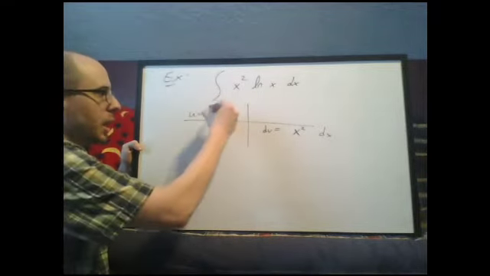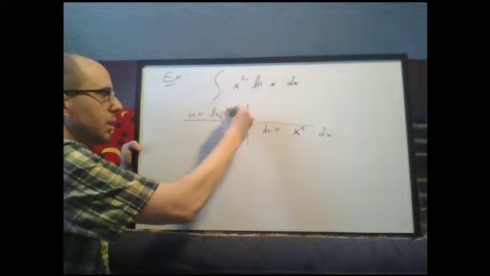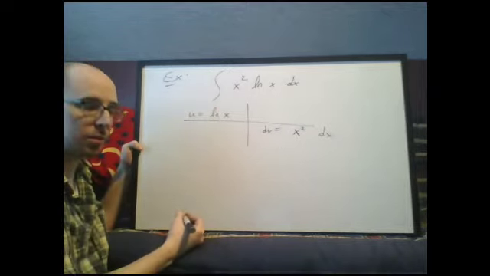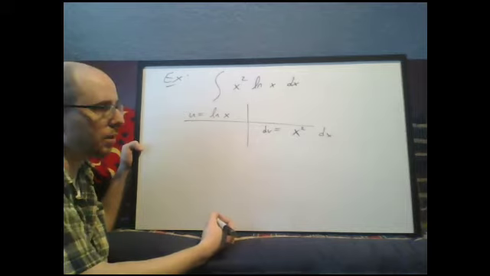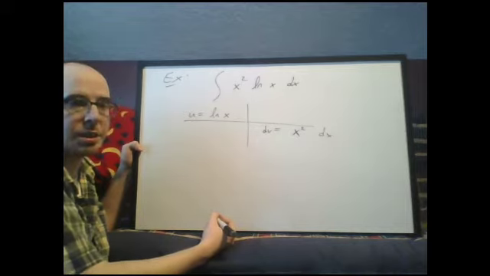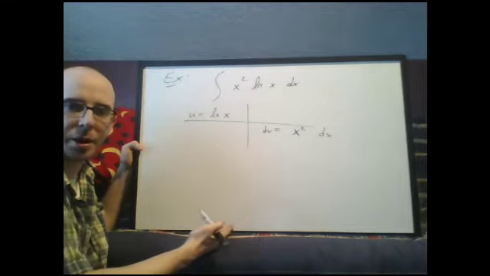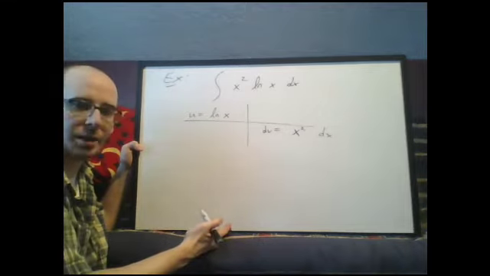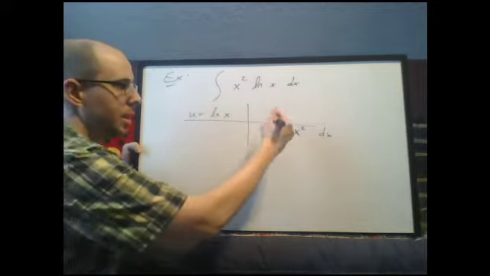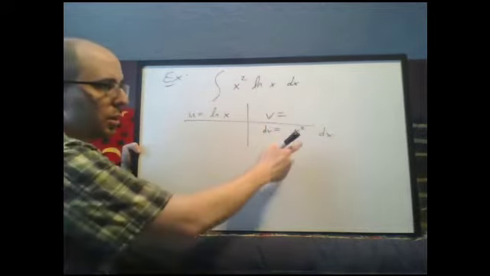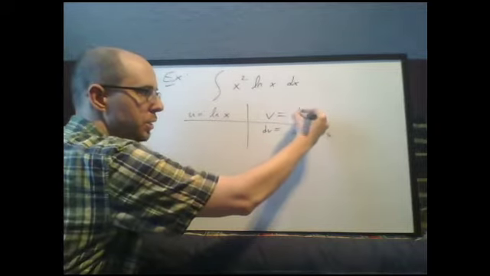That means ln x is u. So that was kind of forced on us here. Then you think about, is this a good choice? Well, in this case, it's pretty much the only choice, but let's think about our other guidelines. For dv, if we integrate that, well, the integral of x squared is 1/3 x cubed.